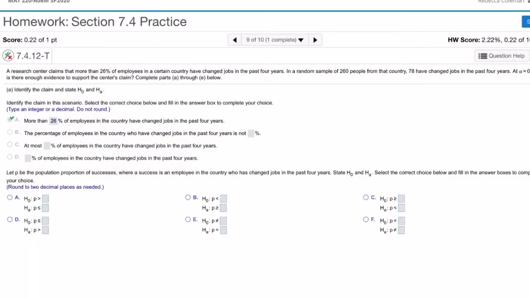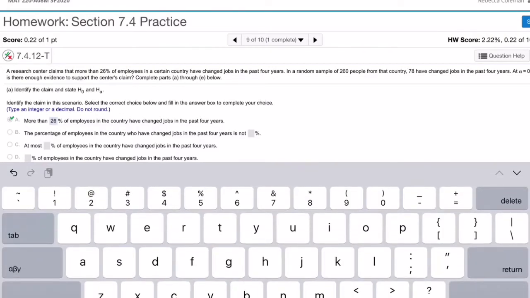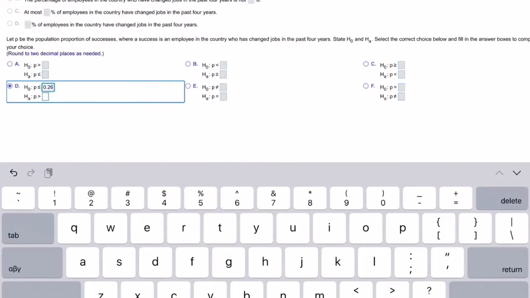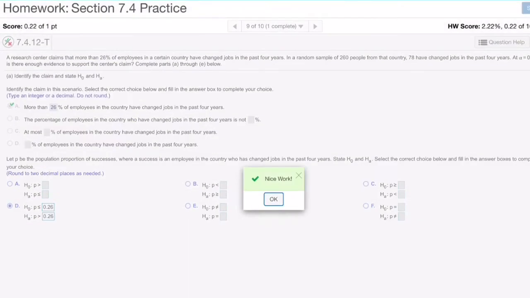Now we used that to set up a null and an alternative hypothesis. So using the information we just went through, the null was less than or equal to 0.26. The alternative was greater than 0.26, and of course that was our claim.